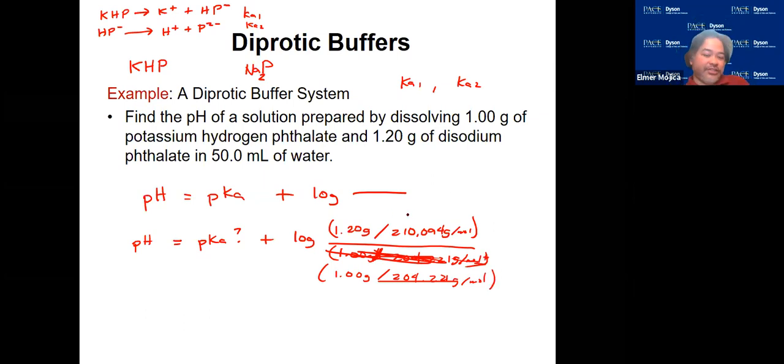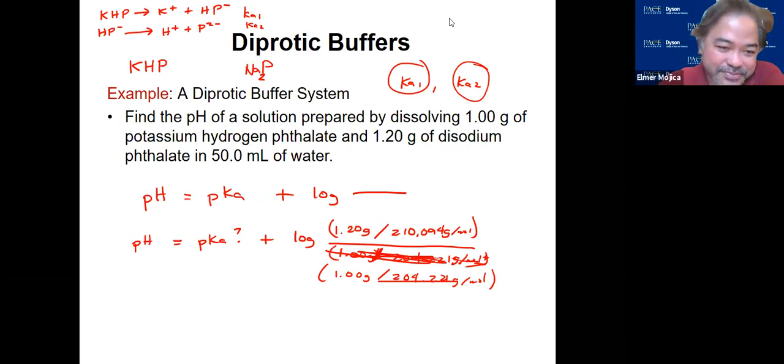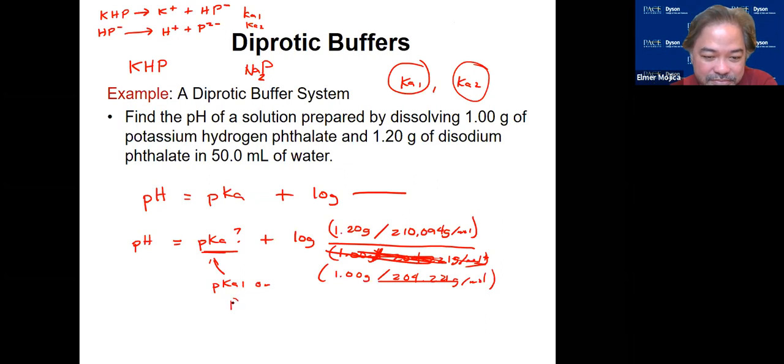So the question now is, which one are we going to use? I'll make a roll call, or you can put your answer in the chat. Ka1 or Ka2? Because that's the setup already. But the question now is, which pKa will I use? Is it pKa1 or pKa2?